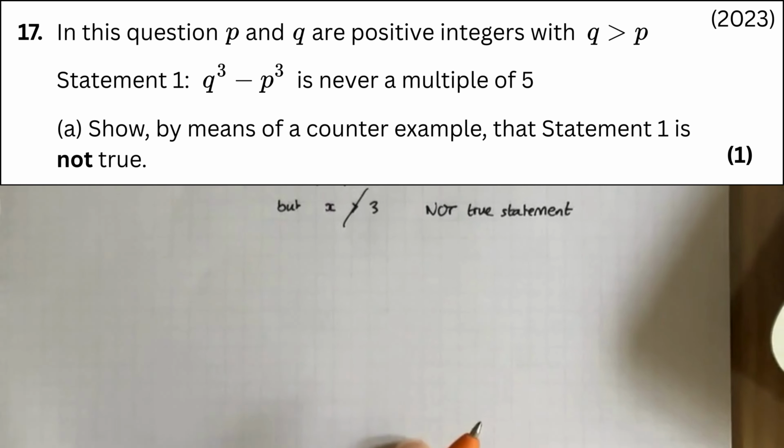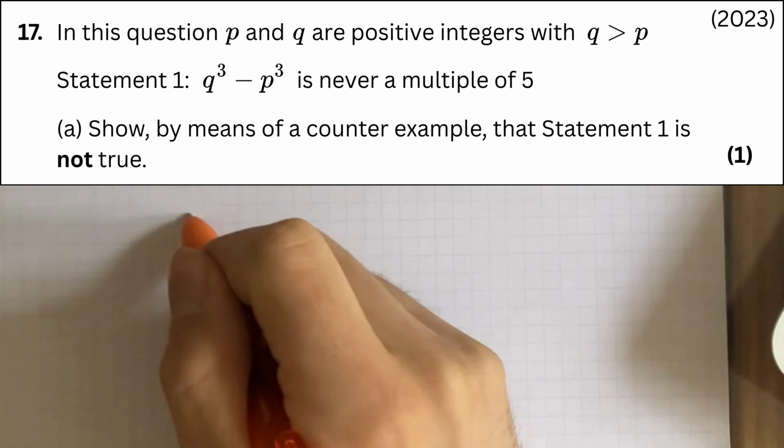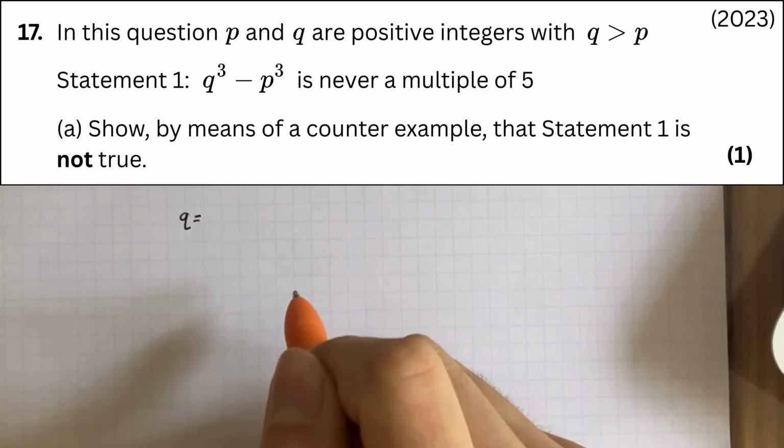Right, for the last one, we are given the statement q cubed minus p cubed is never a multiple of 5, and we want to show that it's not true using a counterexample. A multiple of 5 is always going to end in a 5 or a 0, and you might know that if you subtract 2 multiples of 5, the answer is still going to be a multiple of 5.